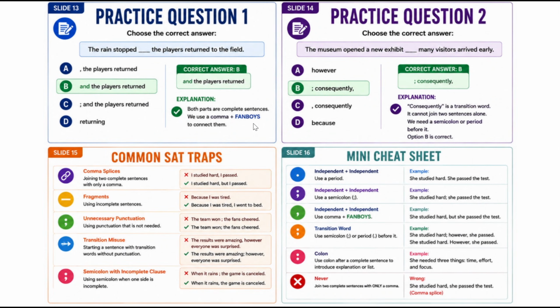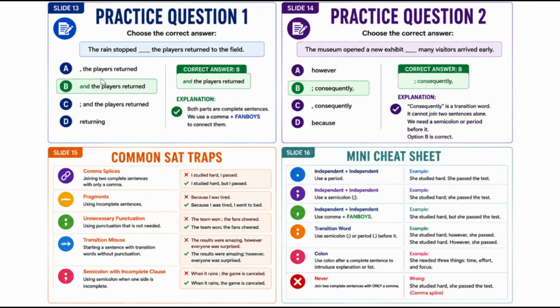Practice question number 1. Choose the correct answer. Sentence: The rain stopped. The players returned to the field. First, check the clauses. The rain stopped: complete. The players returned to the field: also complete. Now let's check the choices. Choice A, comma alone.